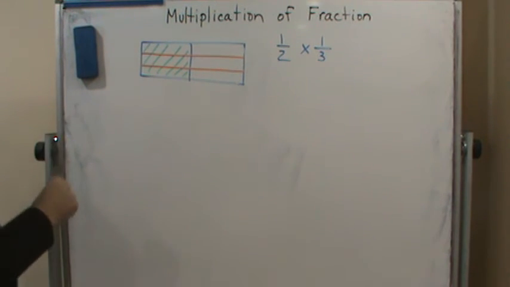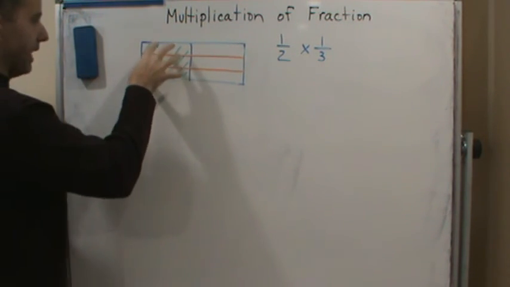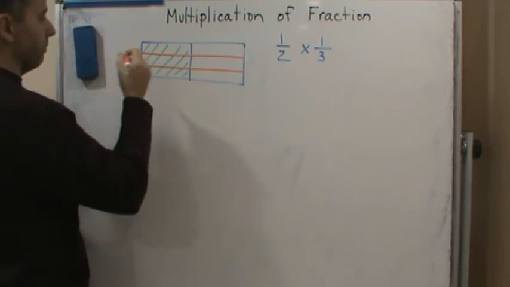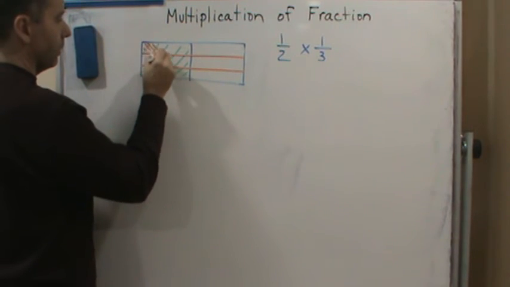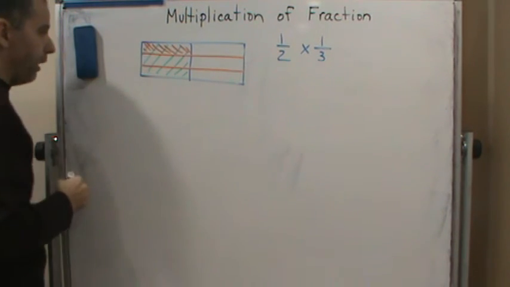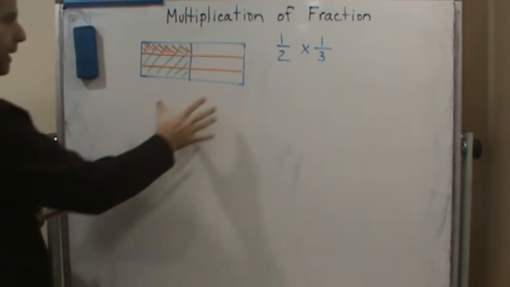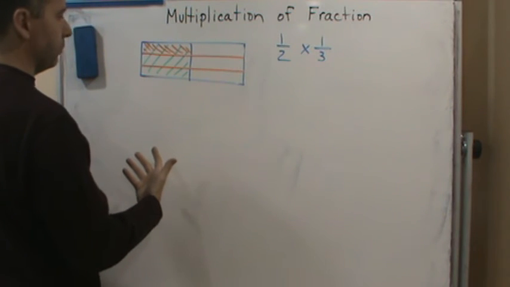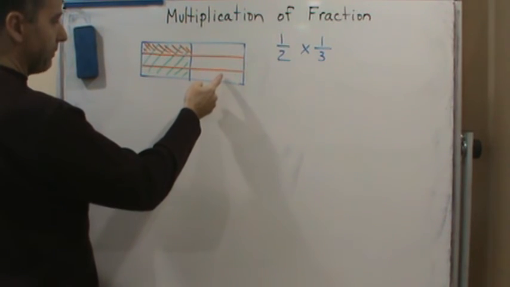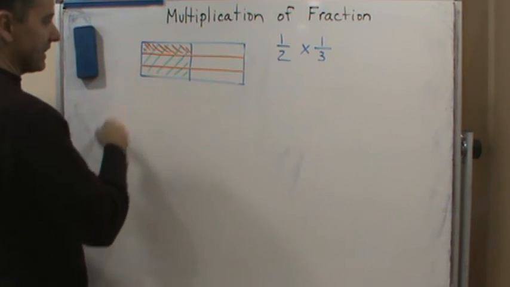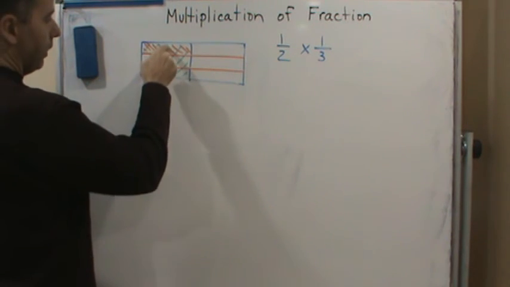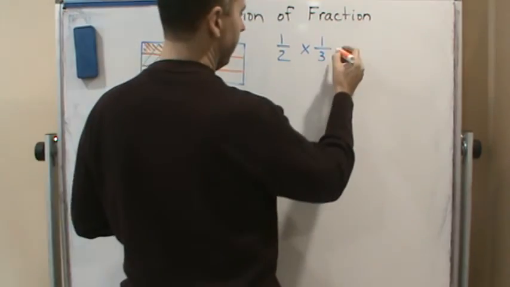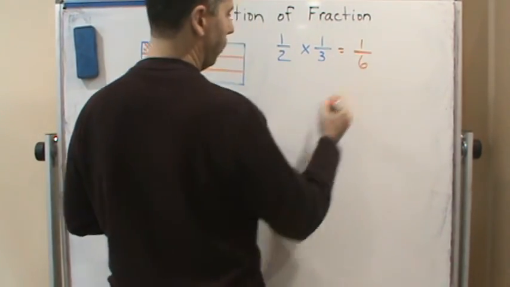Now I want 1/3 of this half, which means I'm now interested in this. So now guess what? Based on my diagram, what does 1/2 times 1/3 equal? Well, I've got 1, 2, 3, 4, 5, 6 equal pieces, and I've got one of those. So I get 1/6. Well, look at that. This is equal to 1/6.